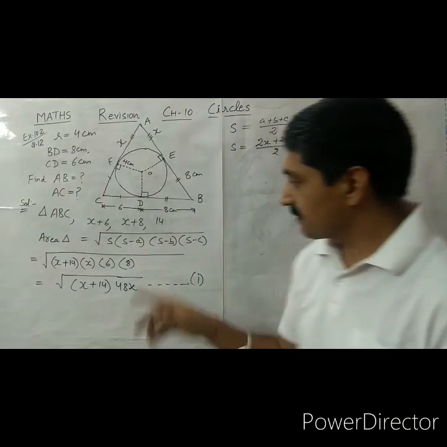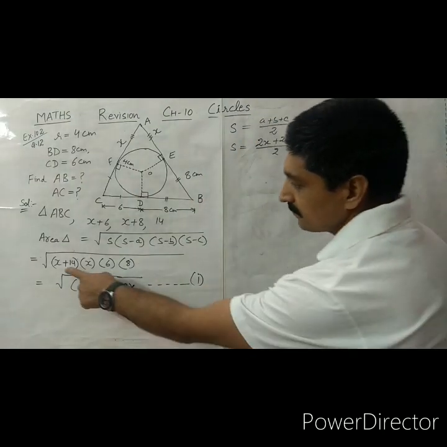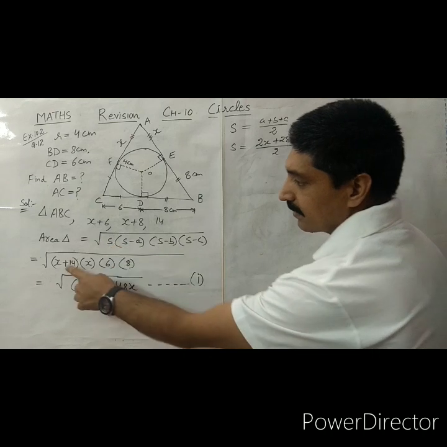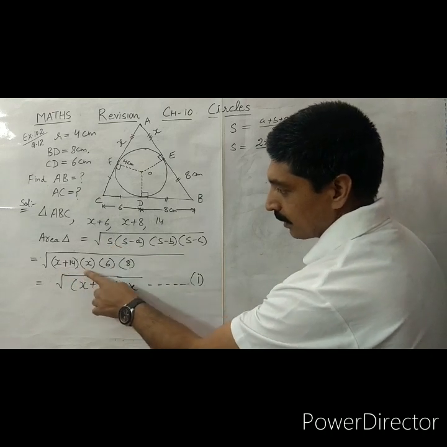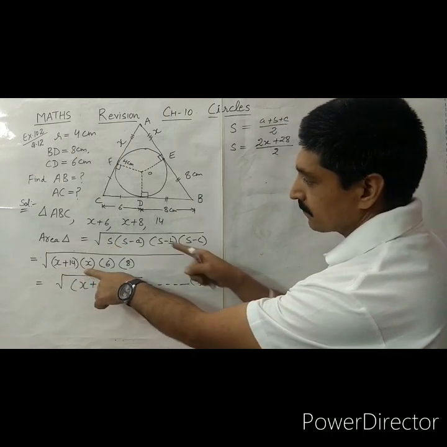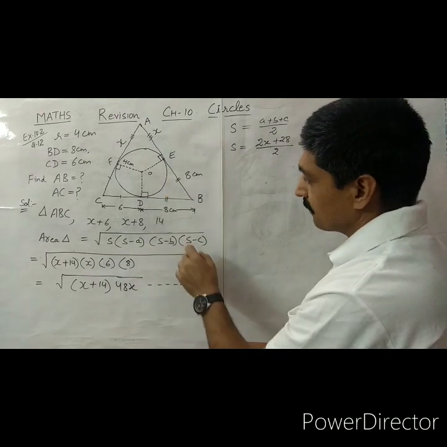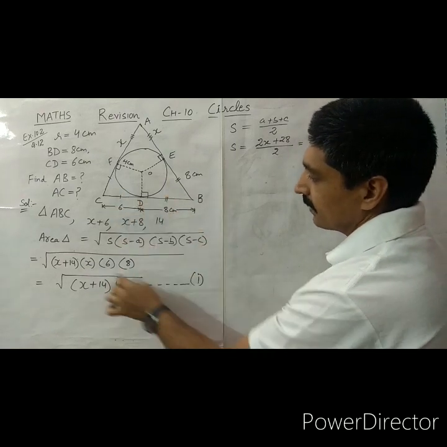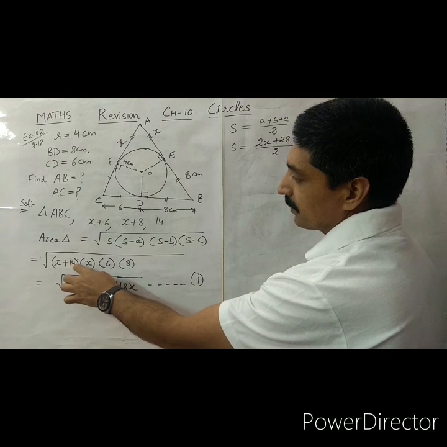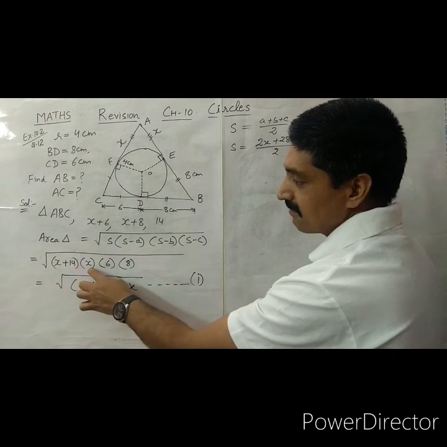So this is very simple here. This is S, x plus 14. Now if the side is 14, then 14 minus 14 cancels and x is left.